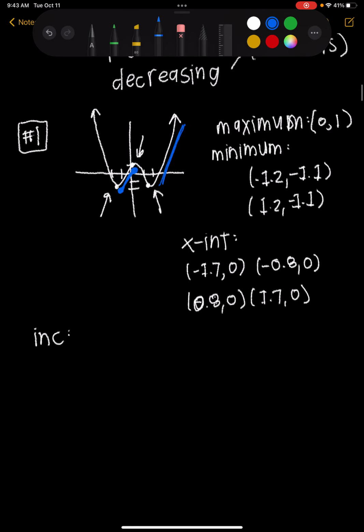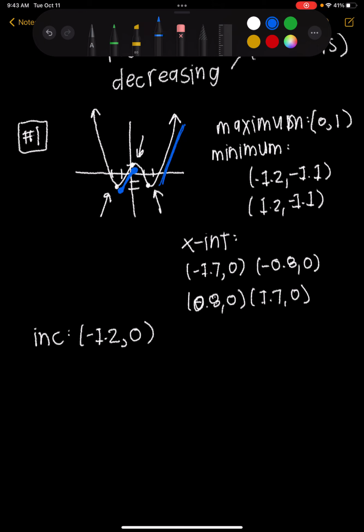That would be one interval. So on your graph, it looks like maybe it would be negative 1.2 for my x value for that lowest point. And then the highest point, we know the x value is 0. So it's increasing from where x is negative 1.2 to where x is 0.